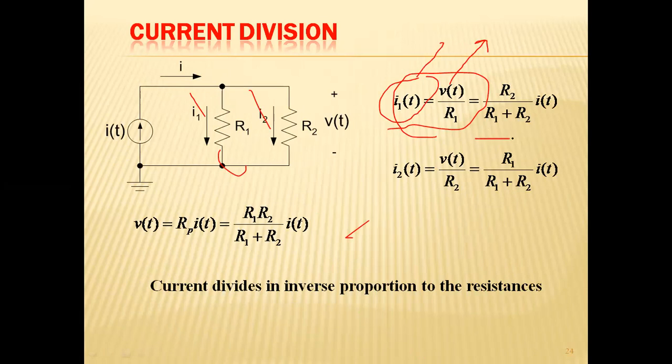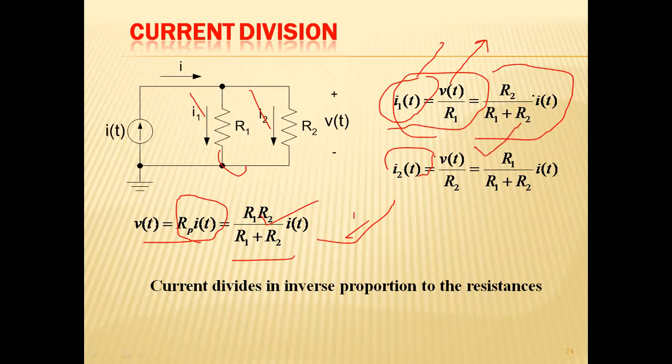So I1 is R2 by R1 plus R2 times I. Similarly, for the second current, I2 of t is V of t by R2, which is R1 by R1 plus R2 times I of t. And for the parallel combination, V of t is Rp times I of t. So current divides in inverse proportion to the resistance. You can see from these two equations that the current divides in inverse proportion to the resistance. So this is the current division, for elements which are connected in parallel.